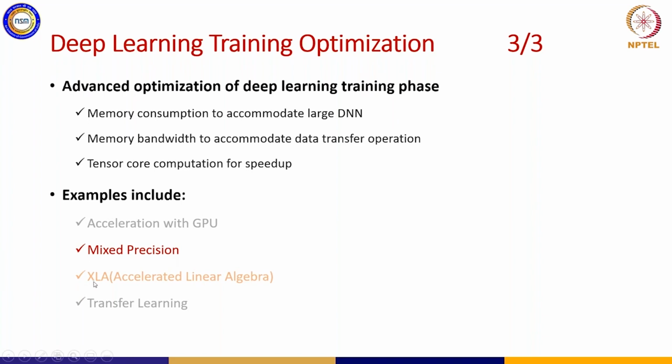There's also XLA, which is Accelerated Linear Algebra. This is a special compiler from TensorFlow. And also there's transfer learning, which we'll talk about in our subsequent course. So we'll focus first of all on mixed precision.